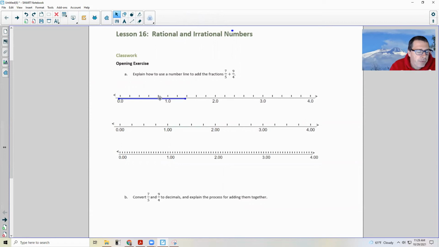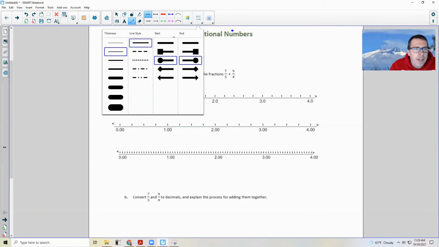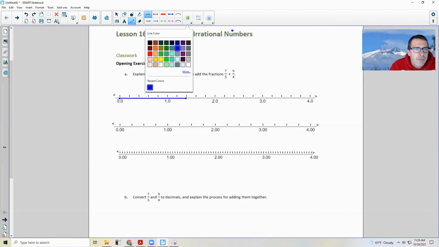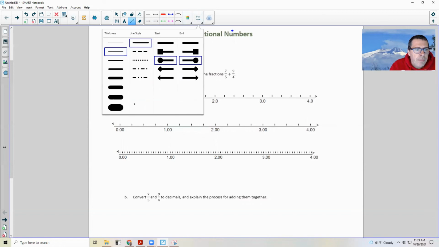A little bit tough with this program. Right about there. Okay, so there's 7/5. Now, if I do the same thing on the next number line, I have gone from fifths to quarters. 9/4, 1/4, 2/4, 3/4, 4/4 is 1.